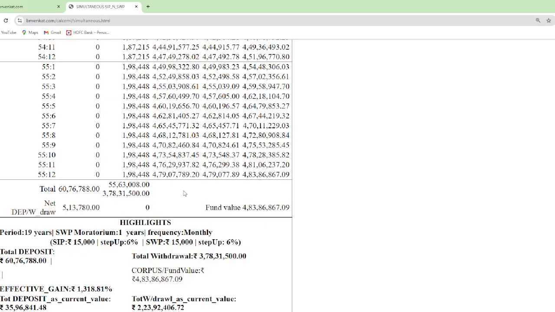This is what is calculated. The net investment was only 5 lakh rupees, and on this you get a fund value of 4.83 crore. The effective gain would be 13 times, or 1,318%.